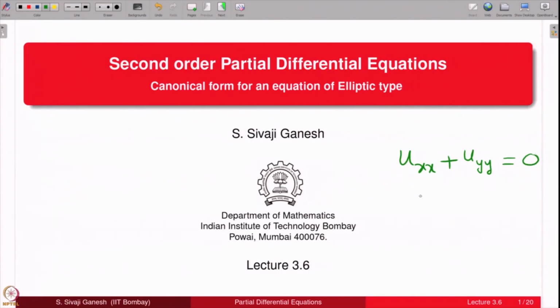If you observe here in this equation, uxy does not appear and uxx and uyy appear with coefficients 1. So, this is going to be the model for us for an equation of elliptic type.